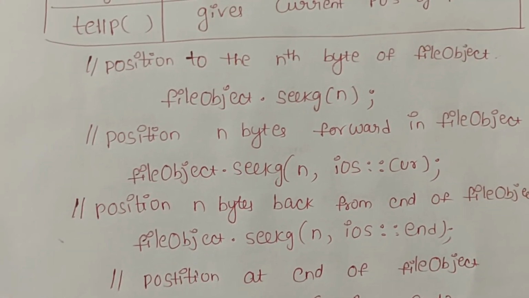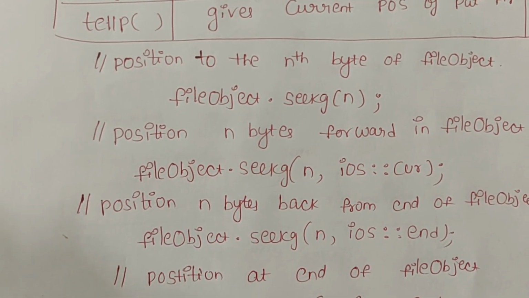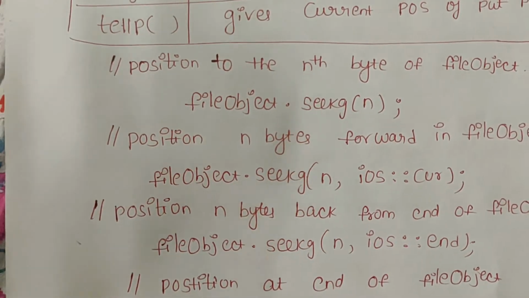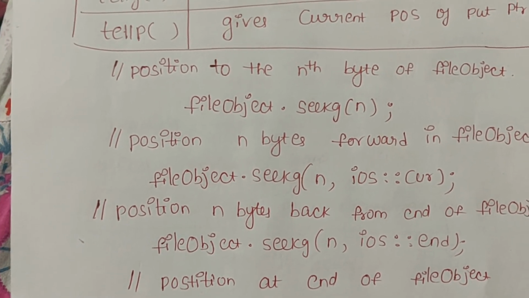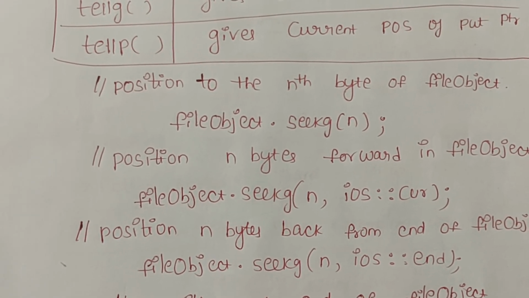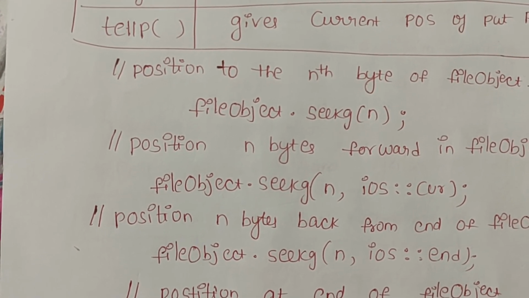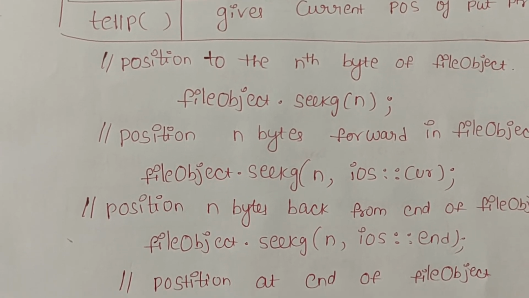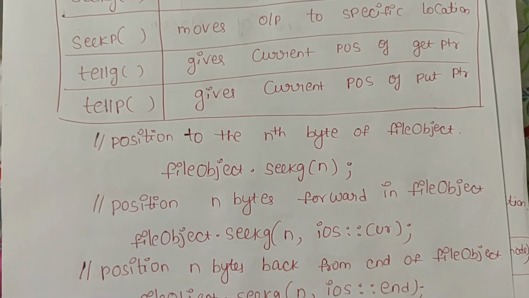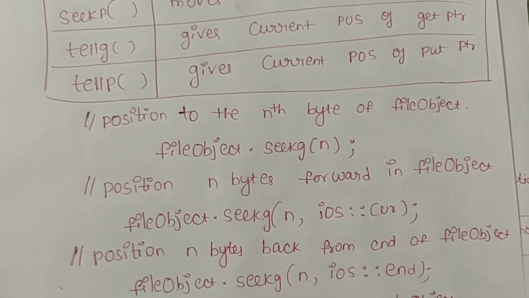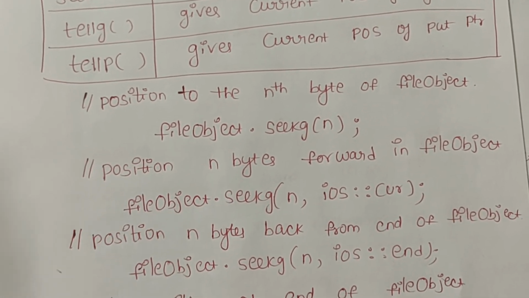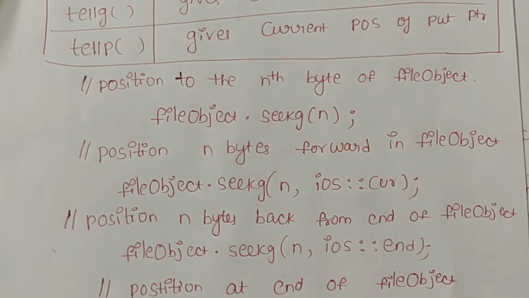For example, when you consider a library, hash include stdio, or here in C++ we give hash include iostream. That means under iostream we have different functions, and printf and scanf are two of them. In the same way, here seekg, seekp, tellg, tellp, all these functions are under the class file object.